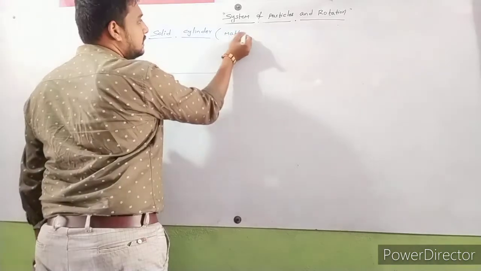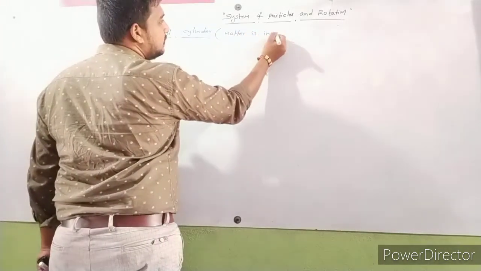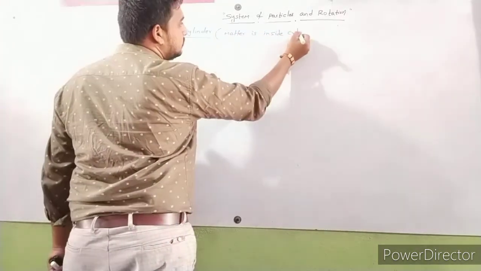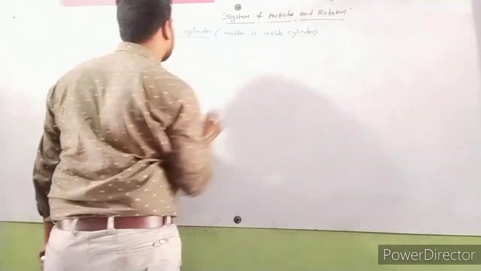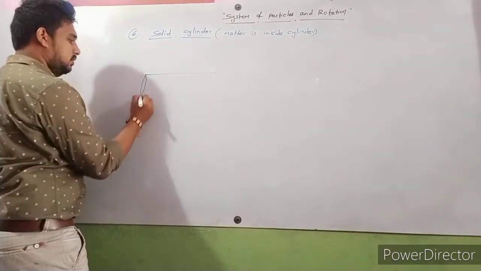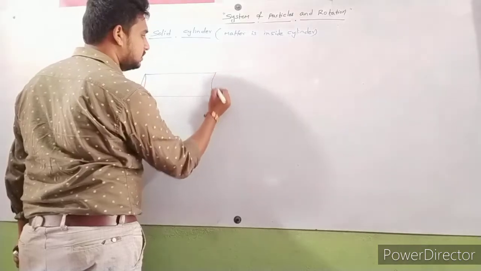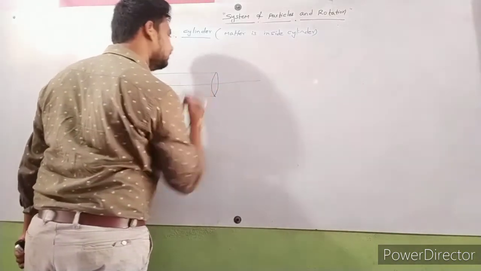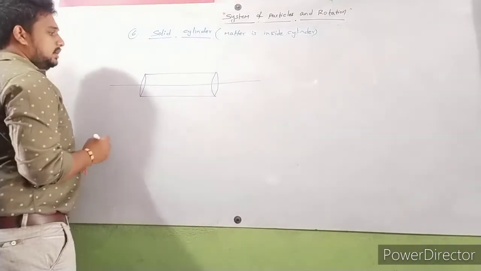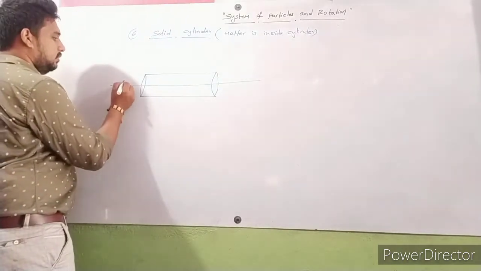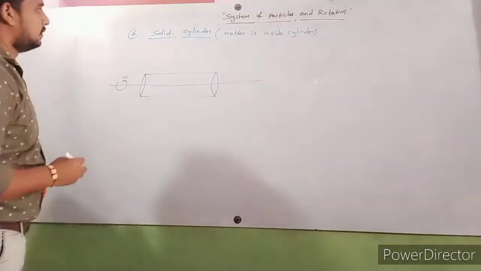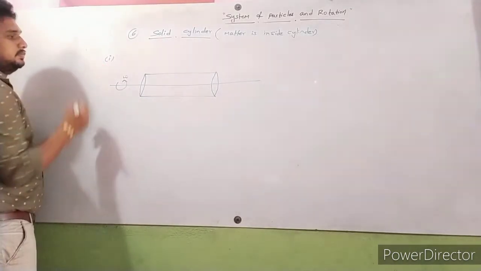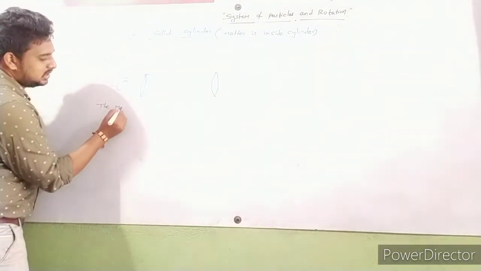Matter is inside the cylinder, it is called a solid cylinder. So if you consider this a cylinder, this is an axis, rotated with omega.